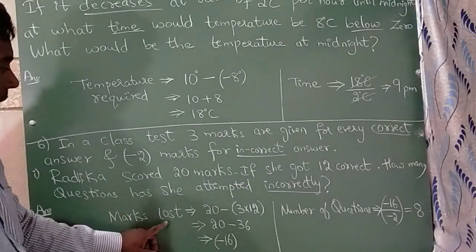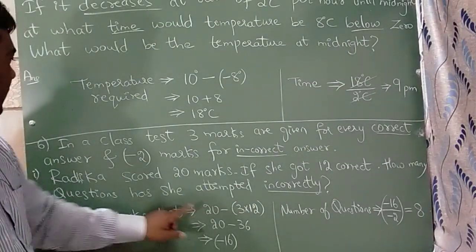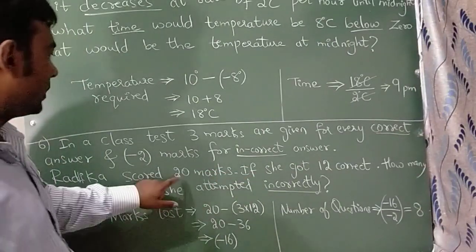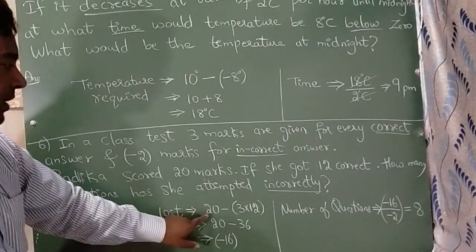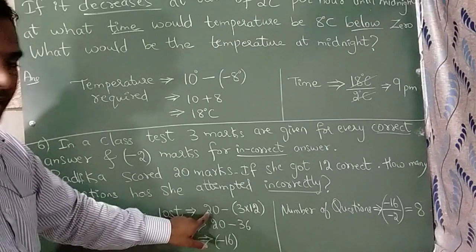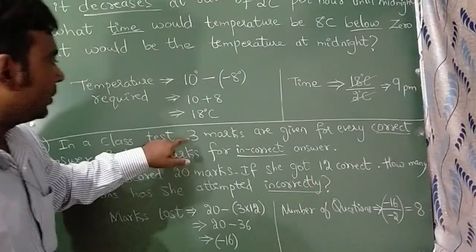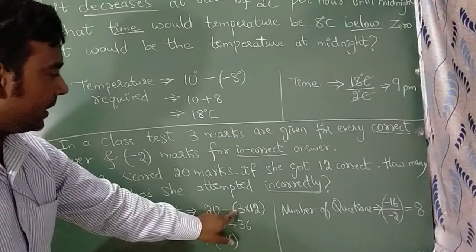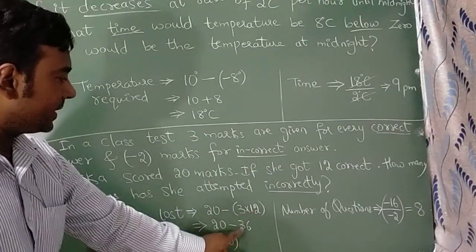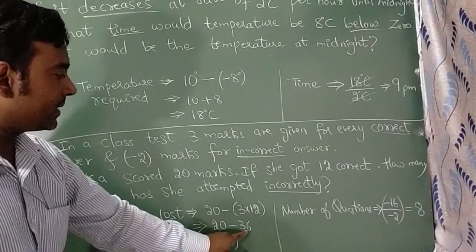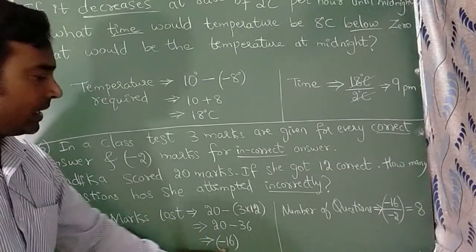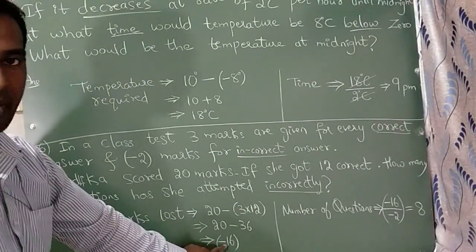So Radhika scored 20 marks. So 20 is the total, minus she got 12 correct. So 3 marks is awarded, so 3 into 12 correct. 12 threes are 36. 20 minus 36 is minus 16. It means she lost 16 marks.